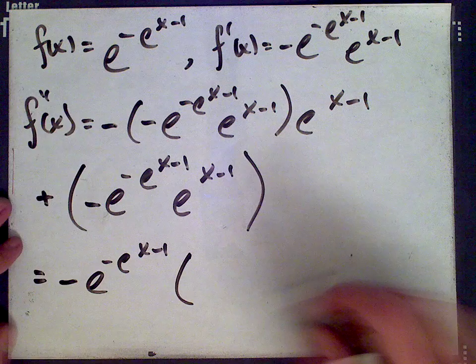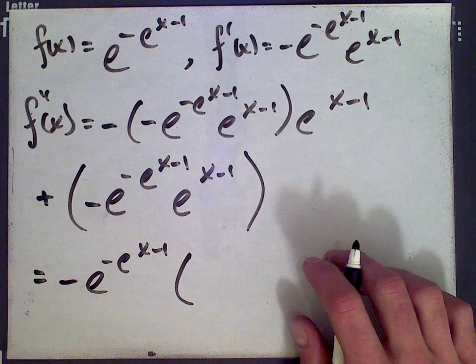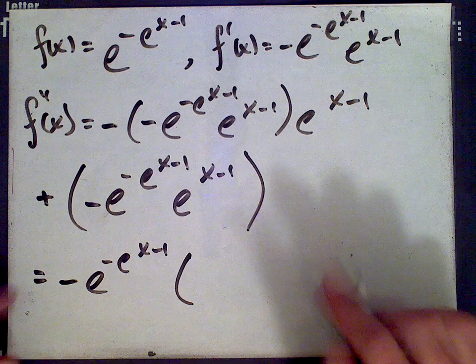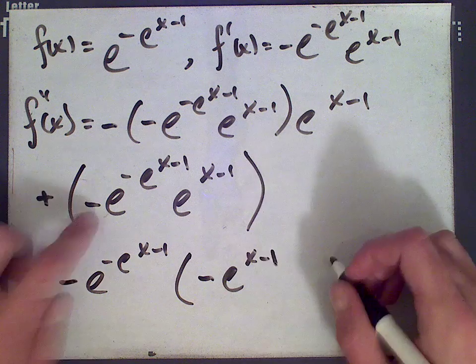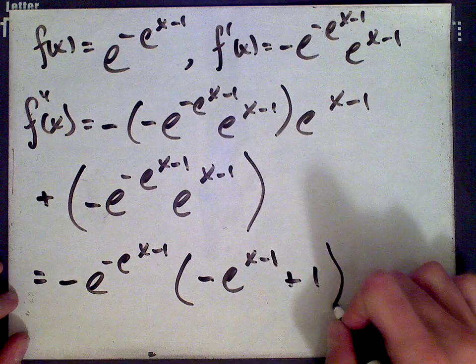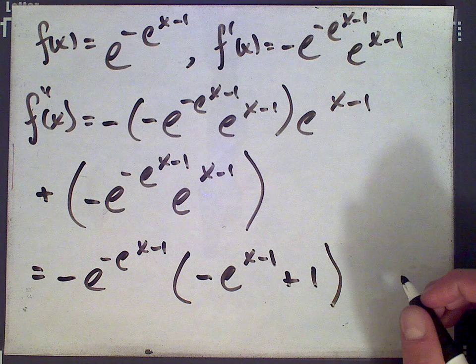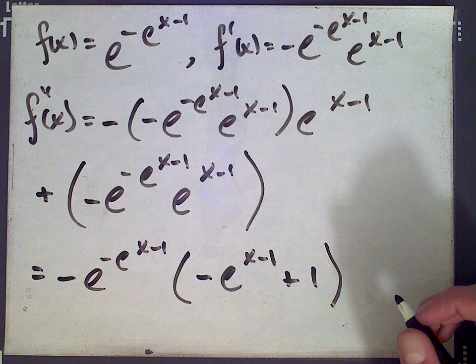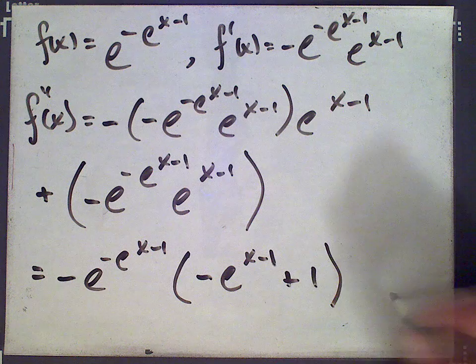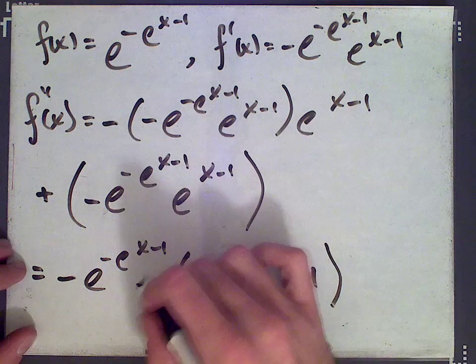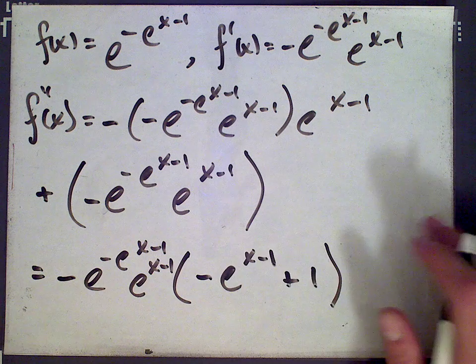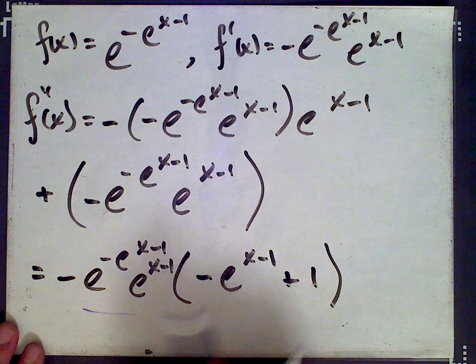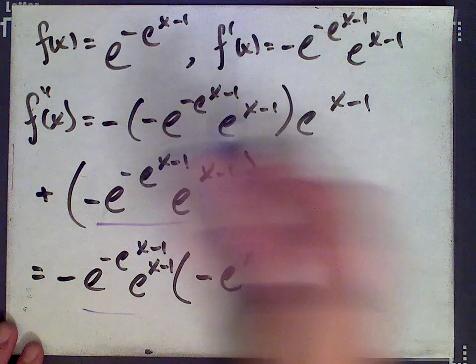And then, since we factored out a negative, we end up with negative e to the x minus 1 and then plus 1 here. Okay, so take a minute to make sure that is all correct. Oh, sorry, there's an extra factor of e to the x minus 1 here. Okay, so that's the factorization. This is the common factor in both. It happens here and in here.